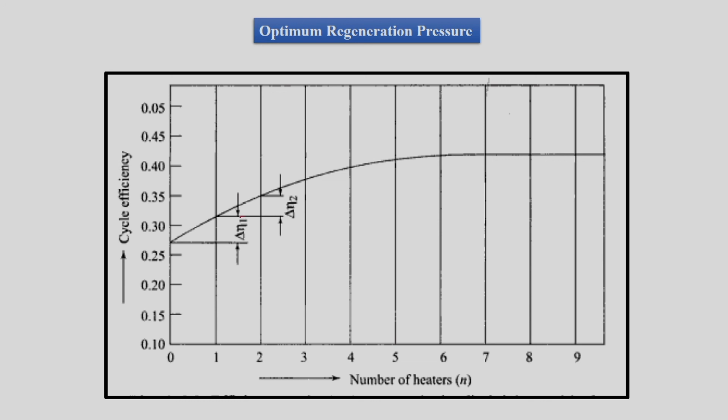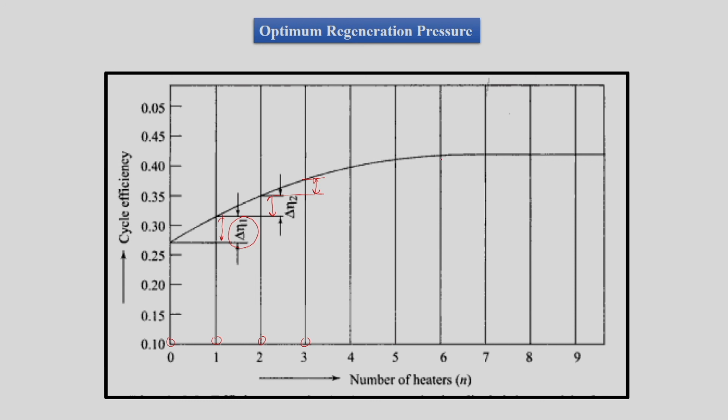So, delta N1 is when we went from 0 feed water heaters to 1 feed water heater. If we move from 1 to 2 feed water heaters, then this is delta N2. If we move from 2 to 3, then this becomes delta N3. So, this is the jump in efficiency.